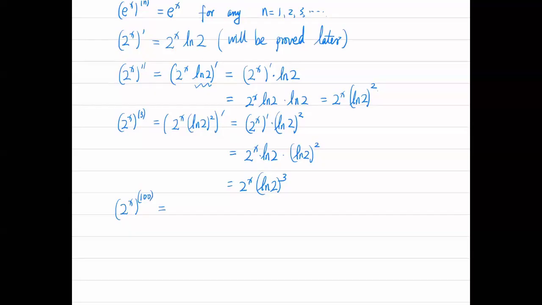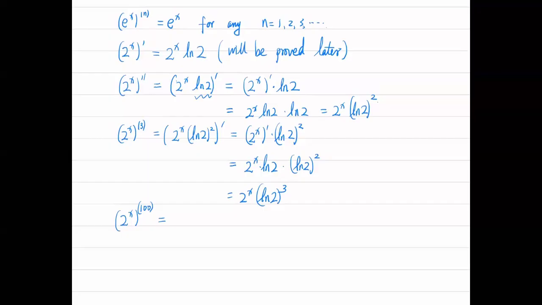It would be 2 to the power of x times natural log of 2 to the power of 99. 99 or 100?